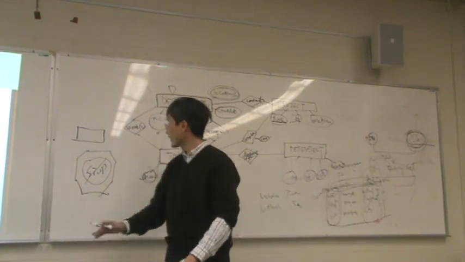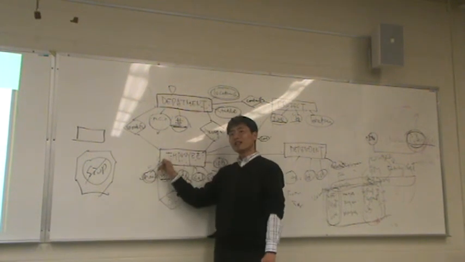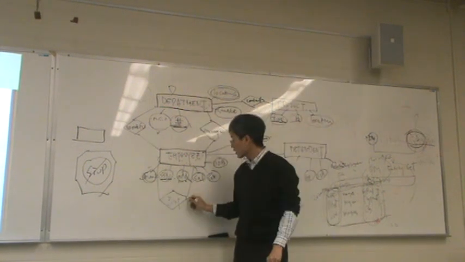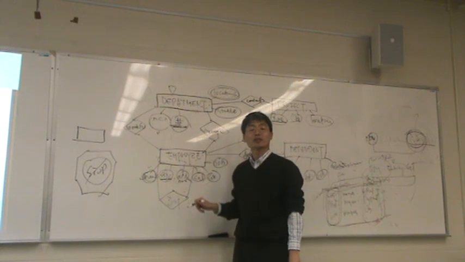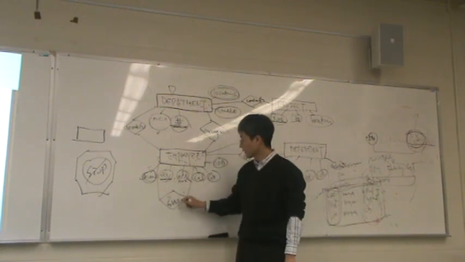At that time, employee supervises employee. That doesn't mean it's one entity. Actually, it's two entities, but they are the same. So this is called a recursive relationship, or self relationship. So supervise. That's good.